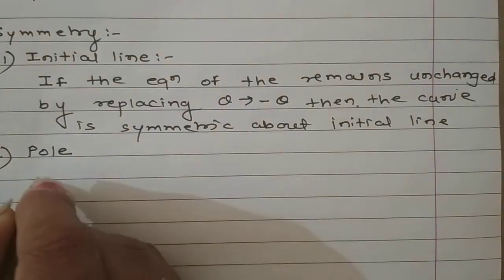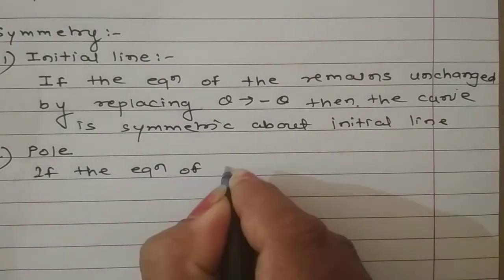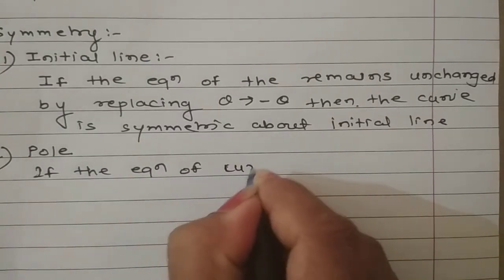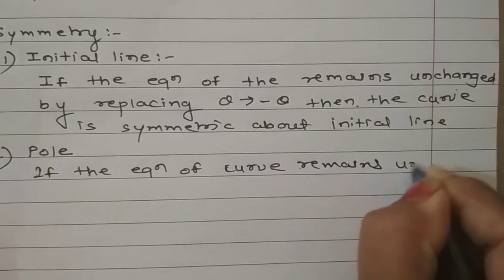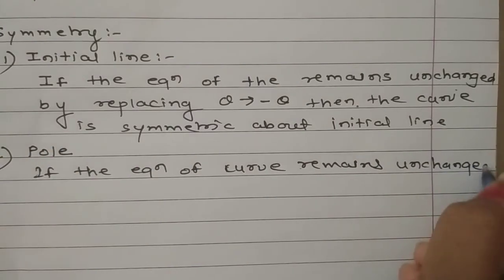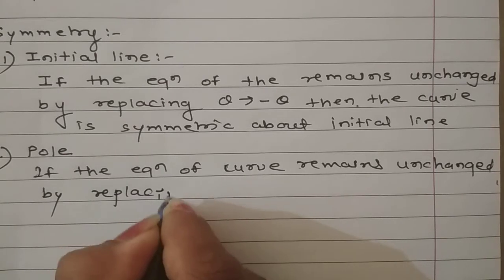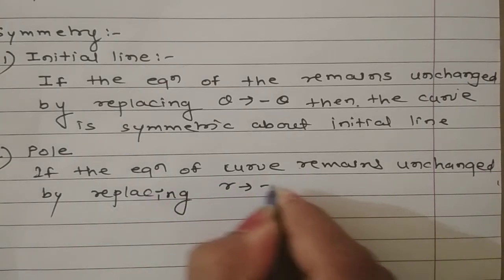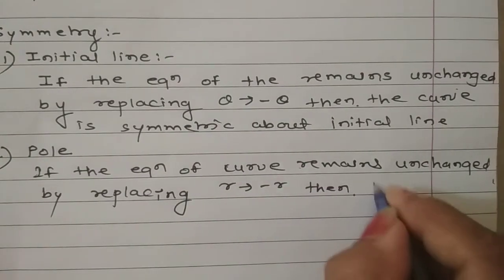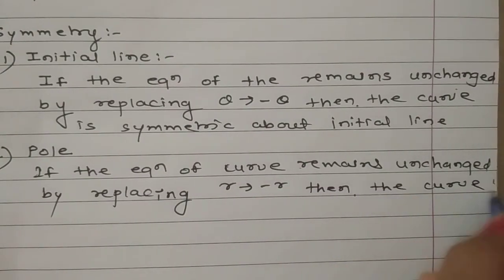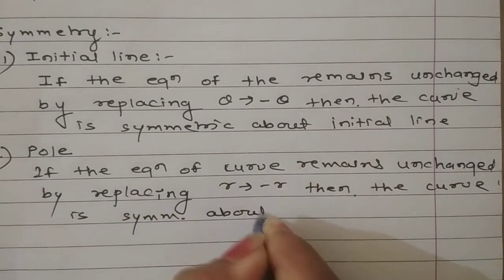Symmetry about pole: if the equation of curve remains unchanged by replacing r by minus r, then we say that the curve is symmetric about pole.